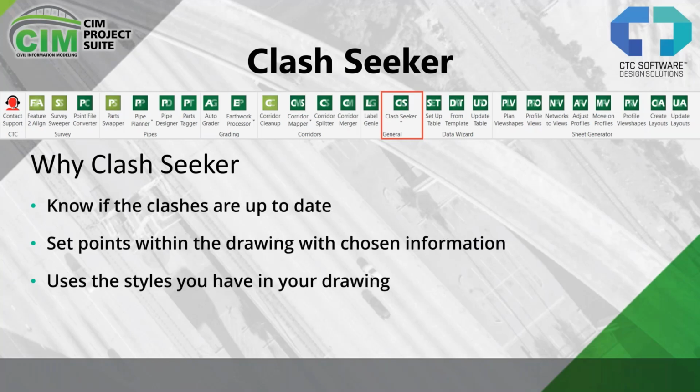We can also know if the clashes are up to date with a little last run column and some other things in there. We can also drop points within the drawing with the information we choose, and those use the styles you already have in your drawing. So if you want something specific, you can go ahead and make that.